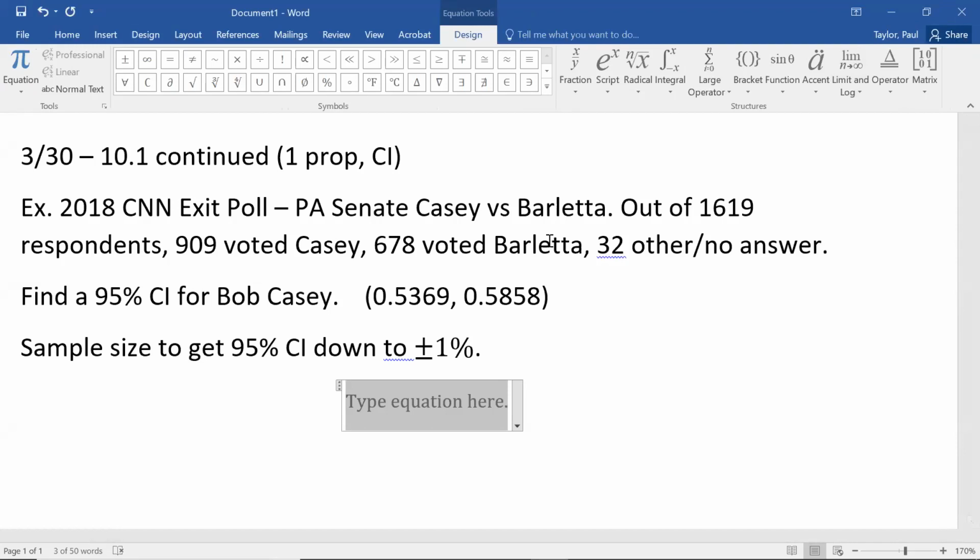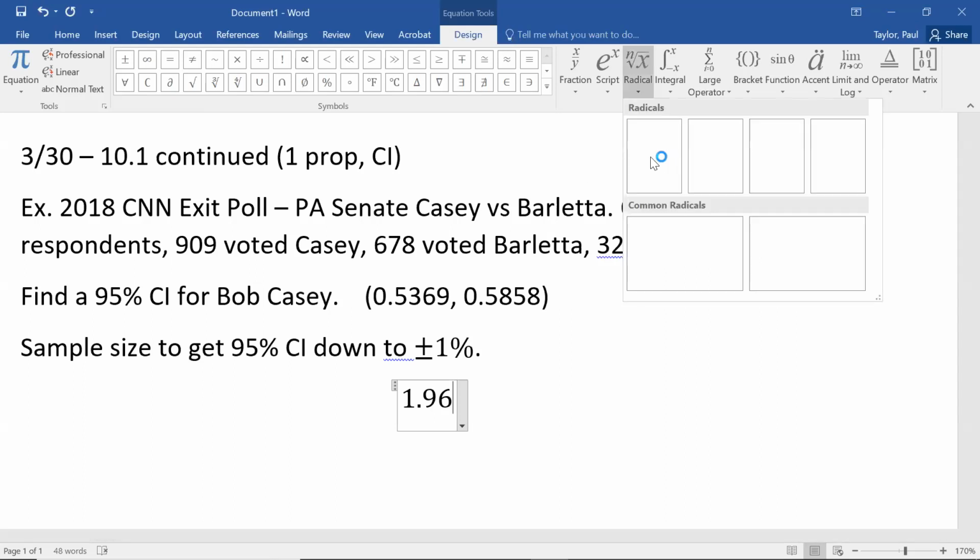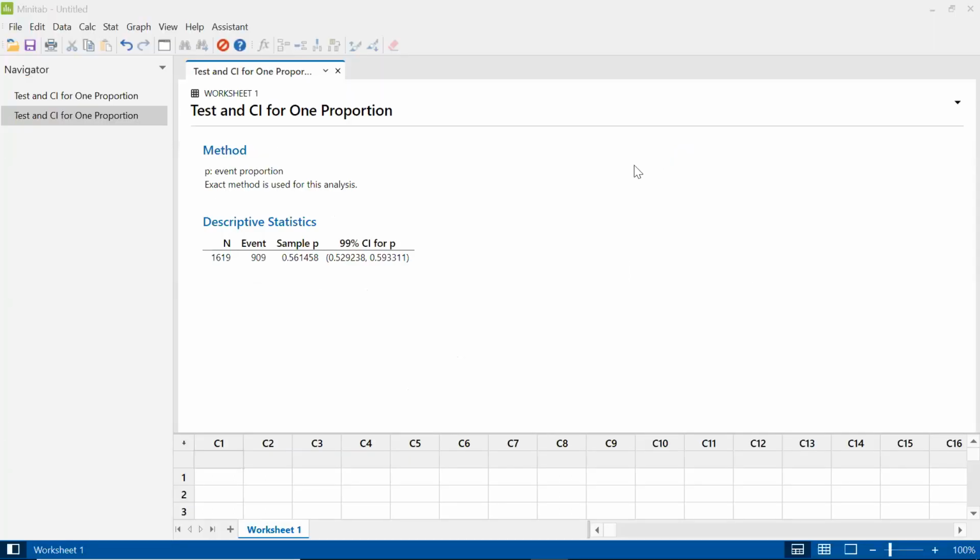We know that for a 95% confidence interval, you're 1.96 copies of the standard deviation from the mean. So 1.96 times the standard deviation, and we have a formula for the standard deviation. It is the square root of p times 1 minus p over n.